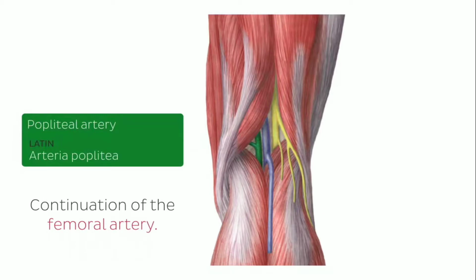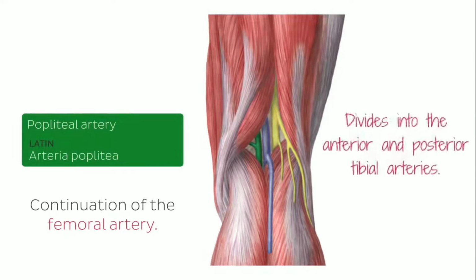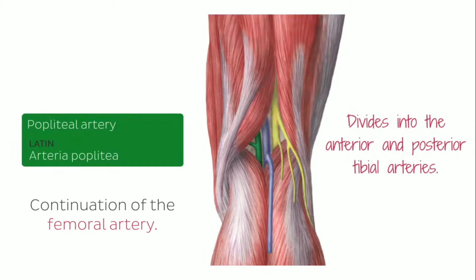It runs from the adductor hiatus until the lower margin of the popliteal muscle, where it divides into the anterior and posterior tibial arteries. And during its course, the popliteal artery gives off several branches that will be covered on the next slides.